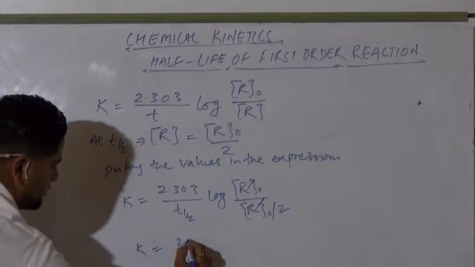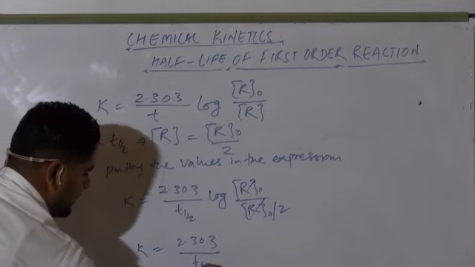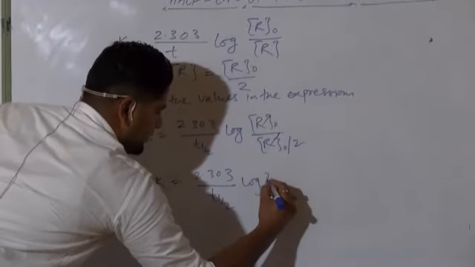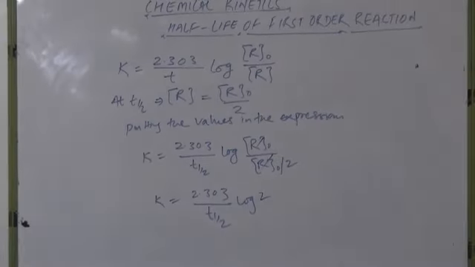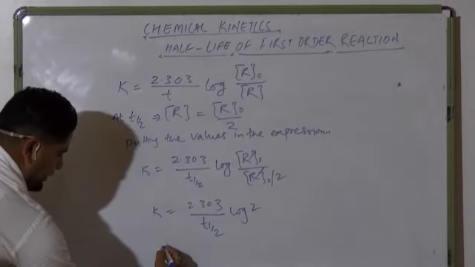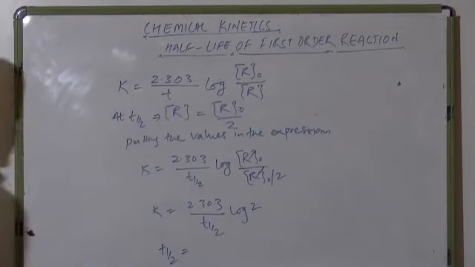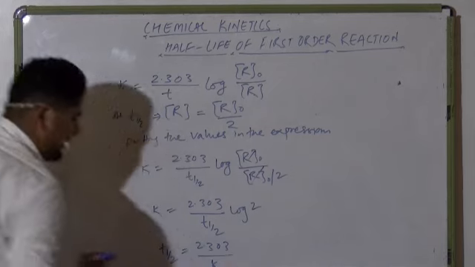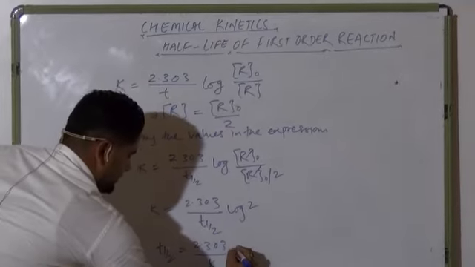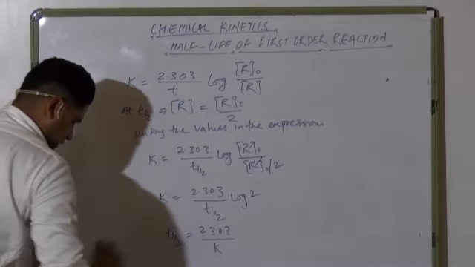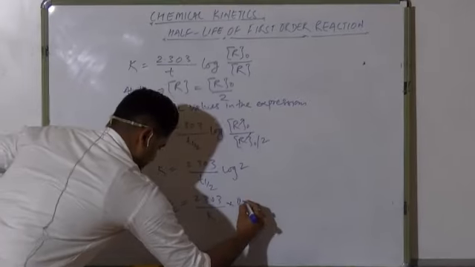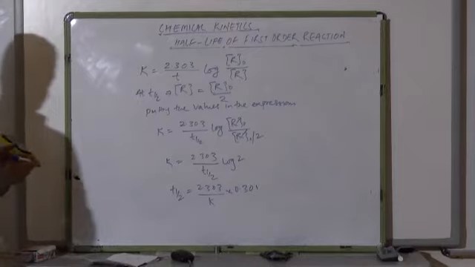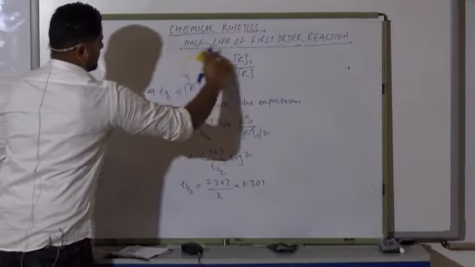So K is equal to 2.303 by T half, log 2. Now T half is equal to 2.303 divided by K, times log 2. What is the value of log 2? It's around 0.301.